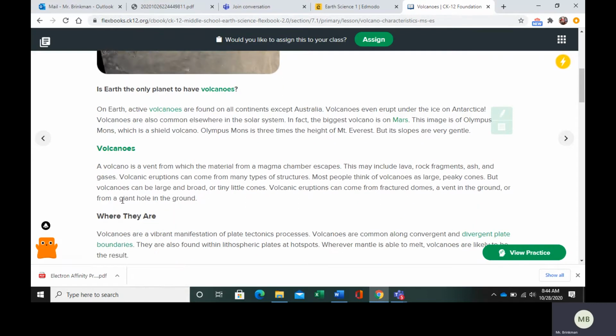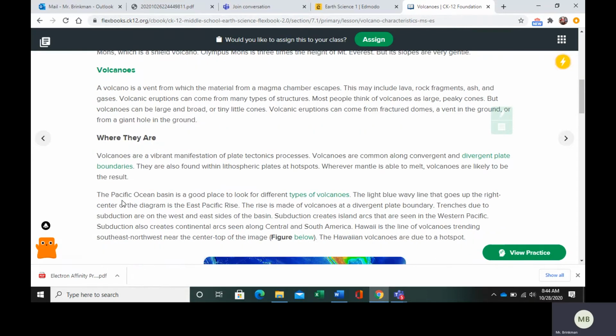So a volcano, you're probably familiar with, but this is the way it is described. A volcano is a vent from which the material from a magma chamber escapes. So the magma is stored underground, and when a volcano erupts, that is when the magma escapes through this vent or this hole.